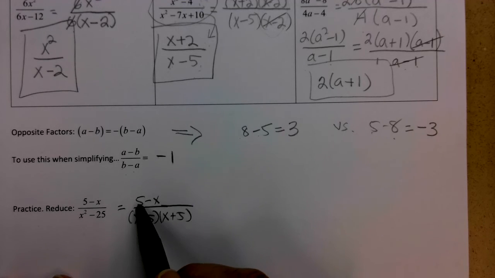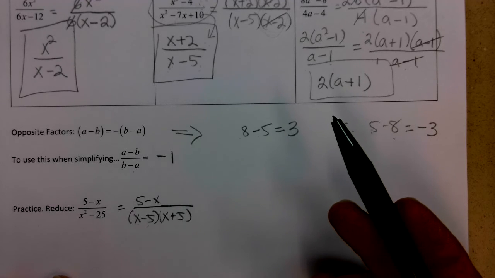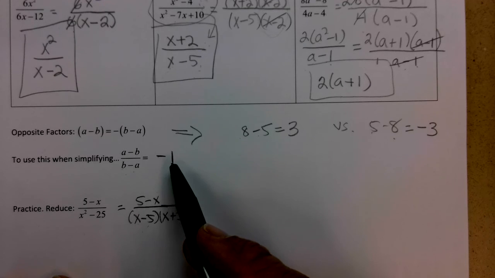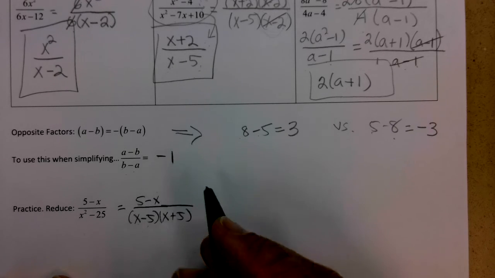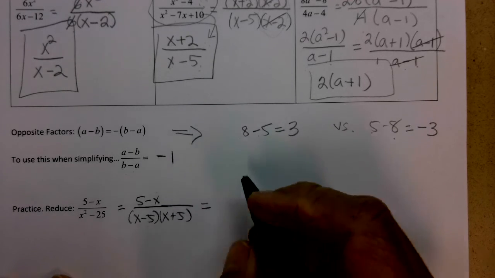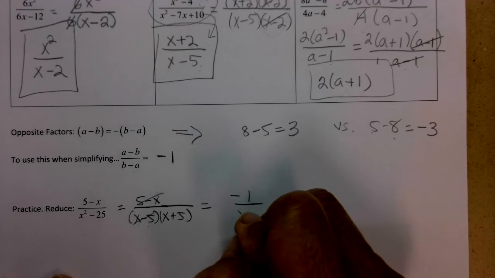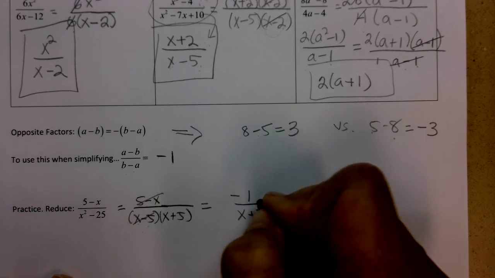But 5 minus x and x minus 5 are opposite factors. So I can cancel those if I leave behind negative 1. So this is equal to negative 1 over x plus 5.